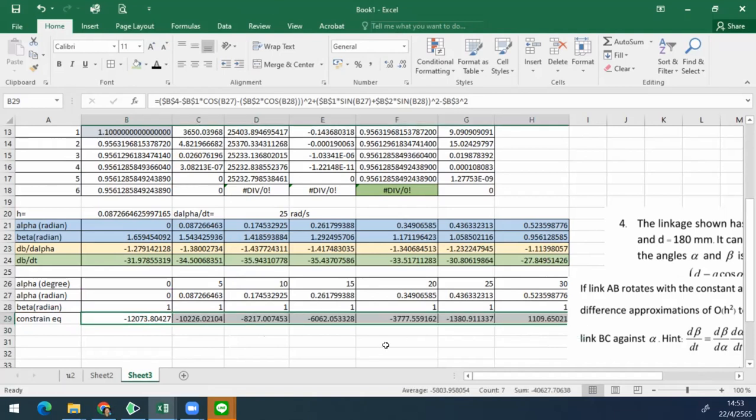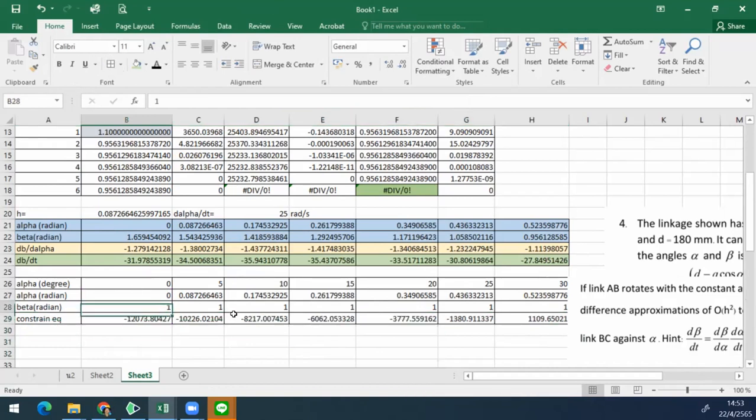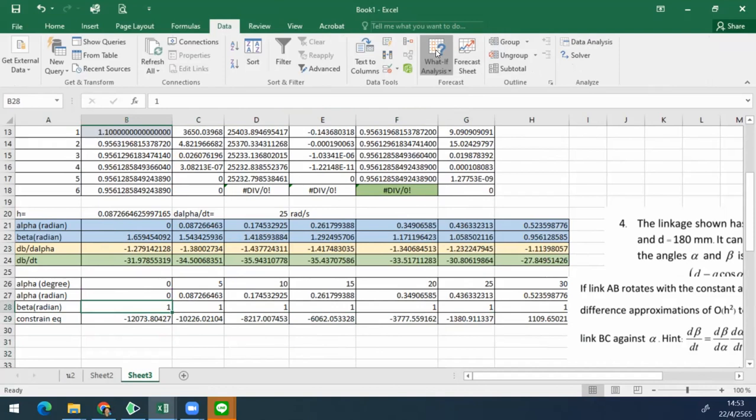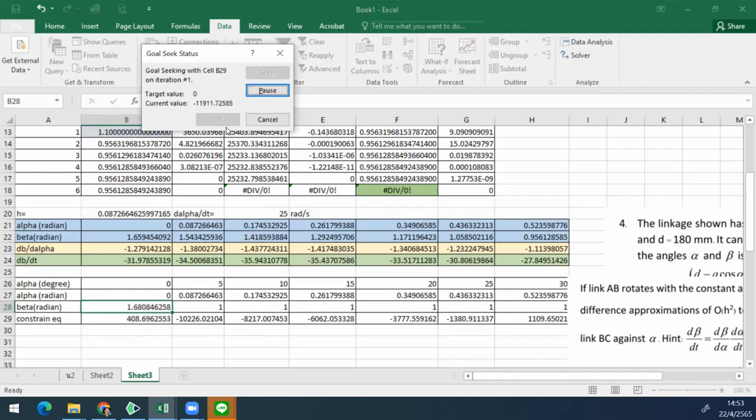And actually, if we do not use the bisection method to determine beta, if we have the Excel sheet, we can use Goal Seek instead. That is, use this function, right? We set up this constraint equation to be 0, and by changing the data, we have the solution, right?